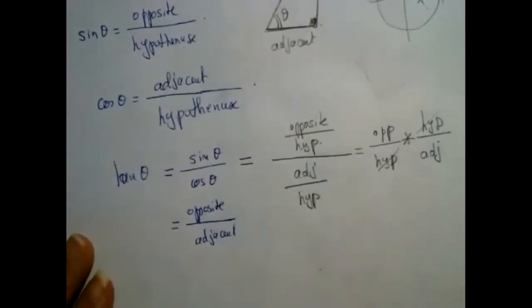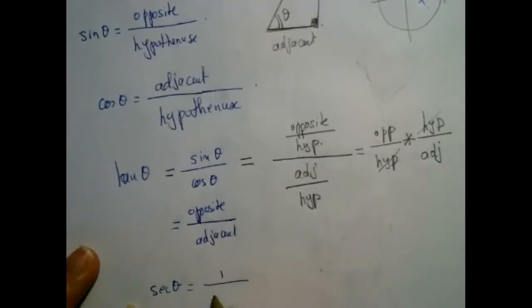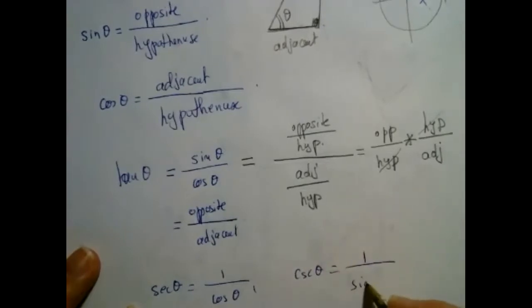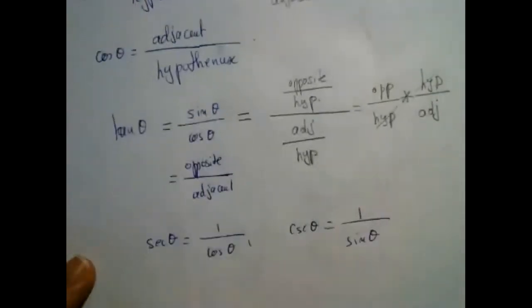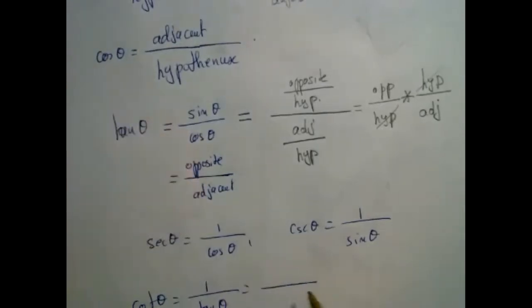And then the others are the same. Secant, I will not change, is 1 over cosine. Cosecant is 1 over sine. Cotangent is 1 over tangent, or if you flip those, it becomes adjacent over opposite.